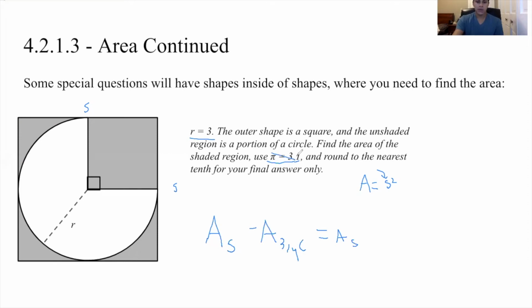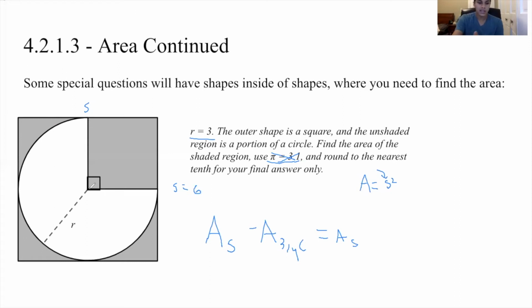So this part, pi equals 3.14, isn't going to be useful because the area of a square has nothing to do with pi. But we can use this r equals 3 in order to find what the side length of this square is. So since the radius equals 3, and this 3/4 of a circle is inscribed inside the square, which means it's touching all the edges, then we can say that the side length is going to be 6.